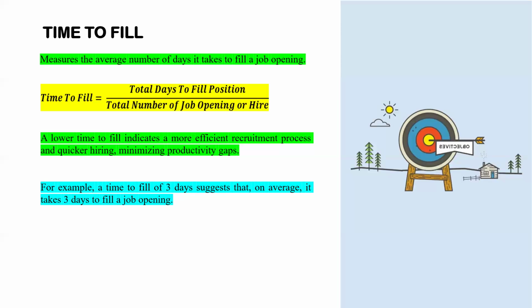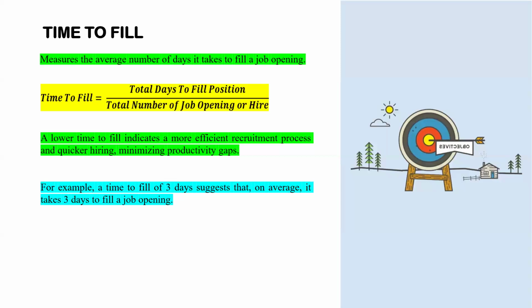From the time of advertisement through the recruitment and the selection process up to the time they get the final one to say that, hey, this is the person we are going to work with. So in HR metrics, we call it time to fill. So it's just the total number of days we are going to use in order to get someone to fill a given vacancy or space.